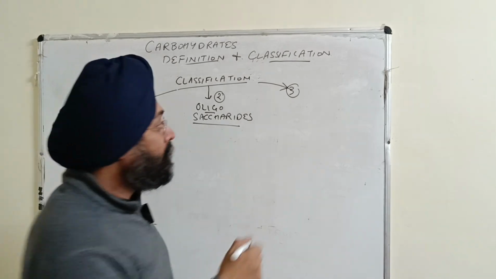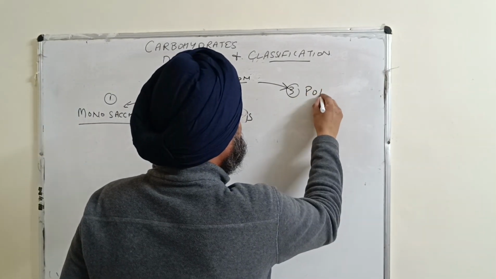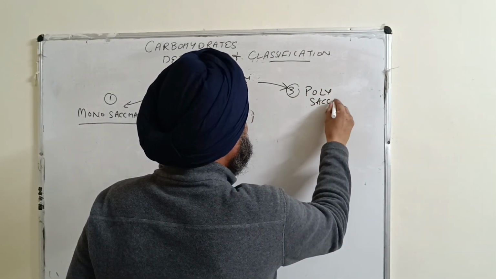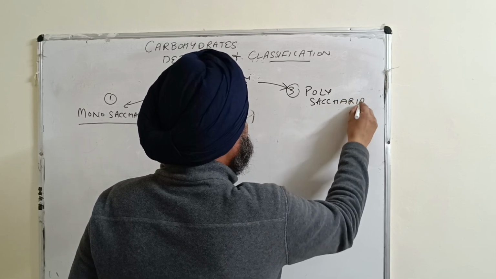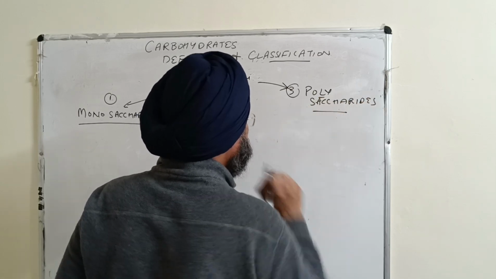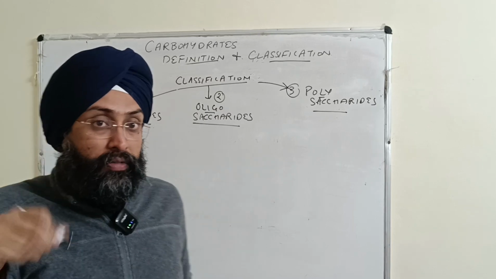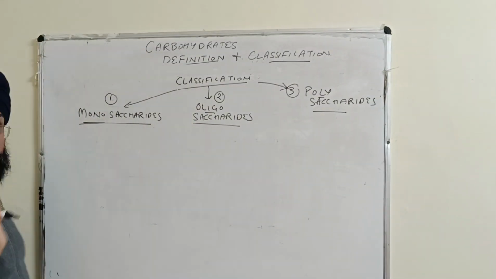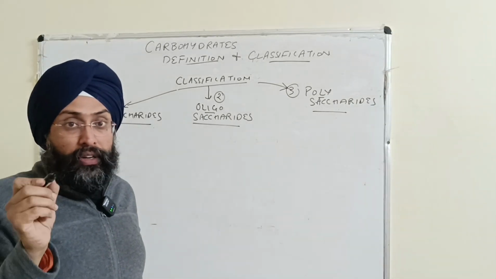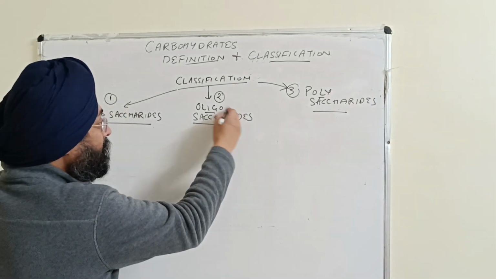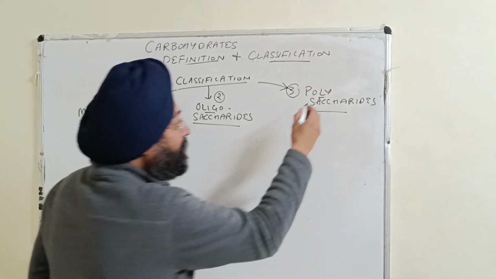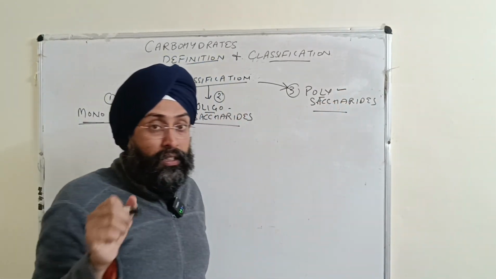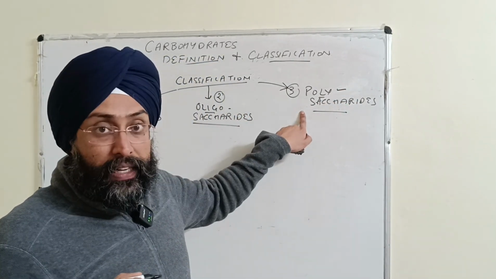And the third is polysaccharides, right? Now they can be differentiated on their name. Mono means single, right? They contain a single carbohydrate molecule. Oligo means they contain few molecules, and poly means many. They contain many monosaccharides, so polysaccharide, right?